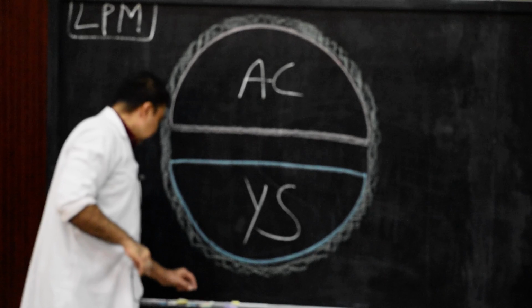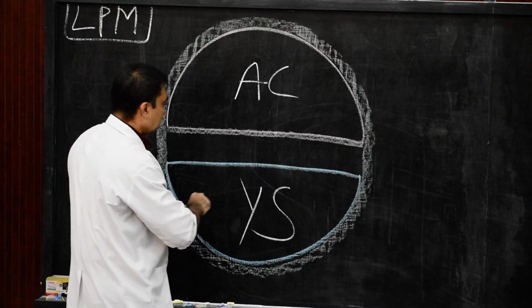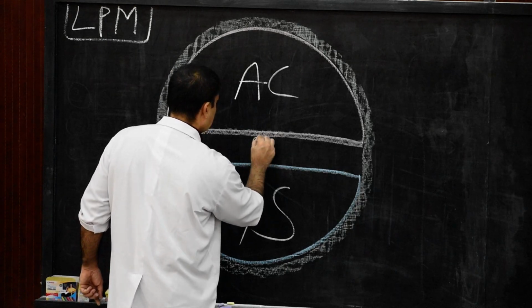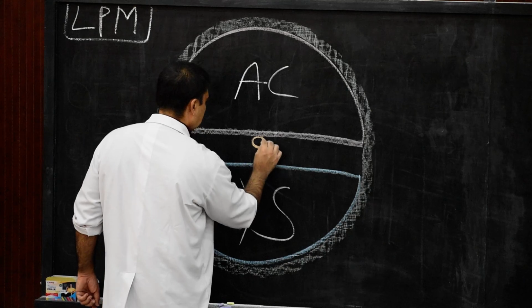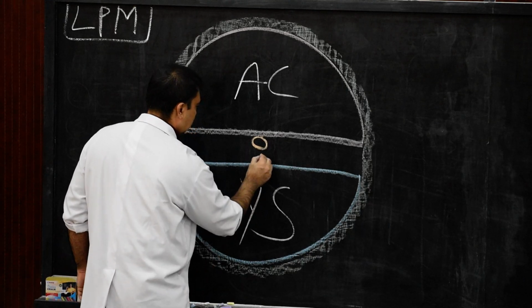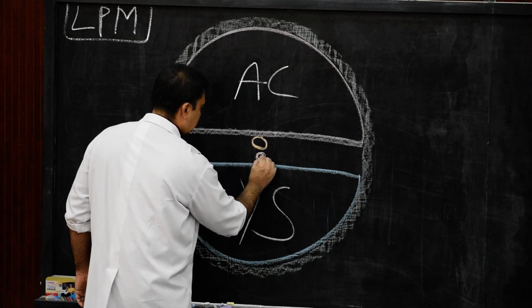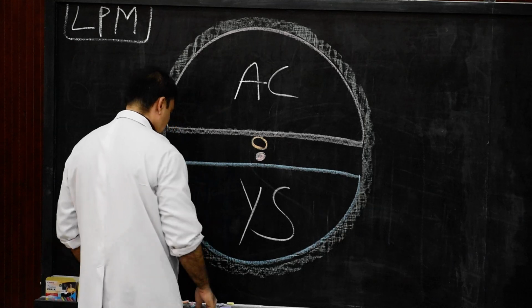Similarly, now inside we are going to show the middle structure, that will be the neural tube. And just below the neural tube we are going to show here the notochord. So this will be the structure of notochord, neural tube and notochord.